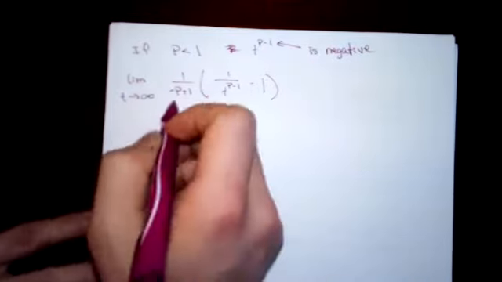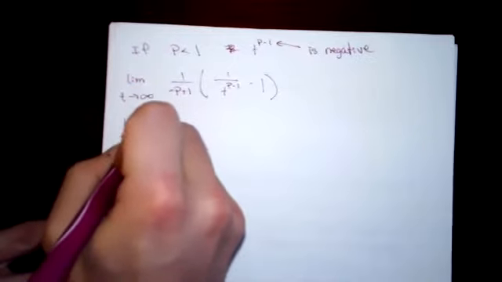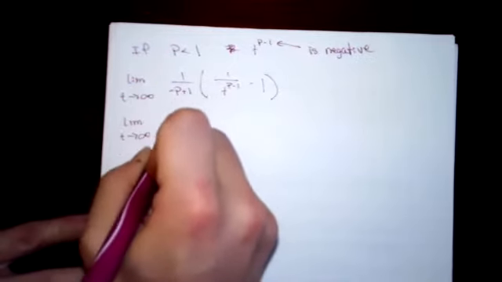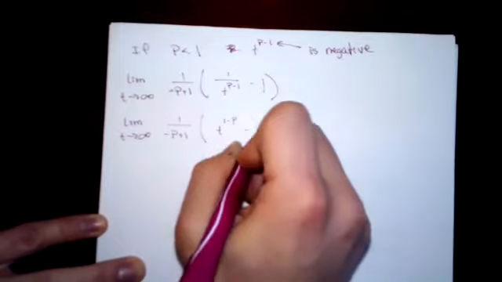So in other words, we can write this as the limit as t goes to infinity of 1 over minus p plus 1, and I can write it as t to the 1 minus p.